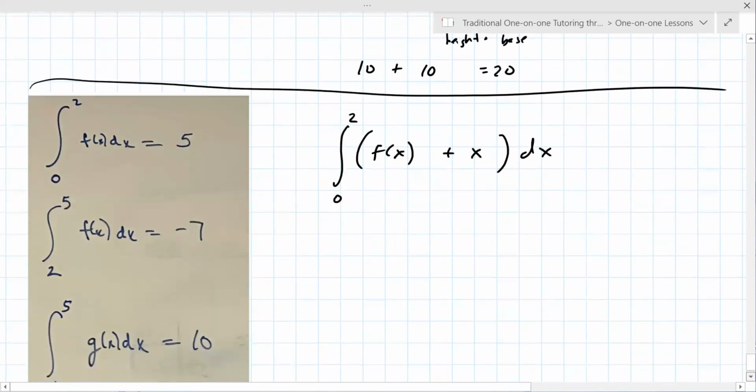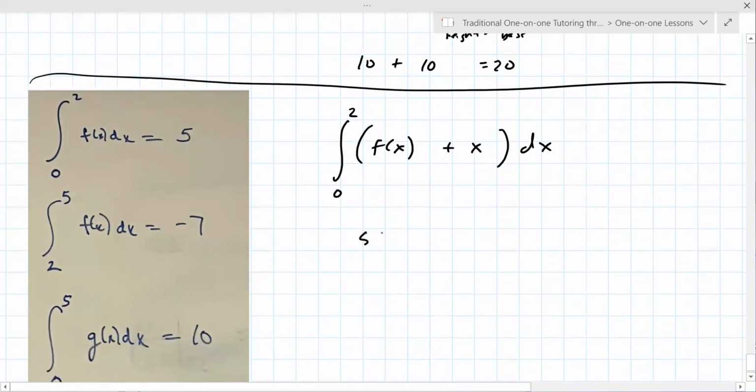So 0 to 2, that's 5 plus... how do you do it if it's just x though? It's not a number. Right. So remember, we did a bunch of these. You could use your power rule, or you could draw it. And I would use your power rule, like x squared over 2.